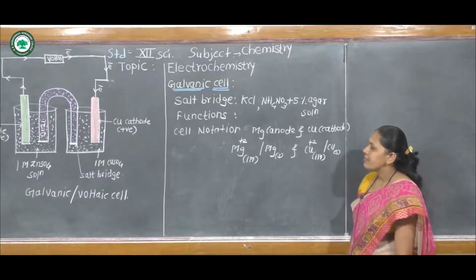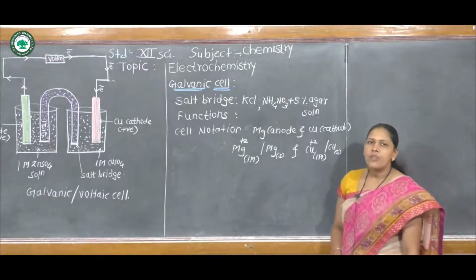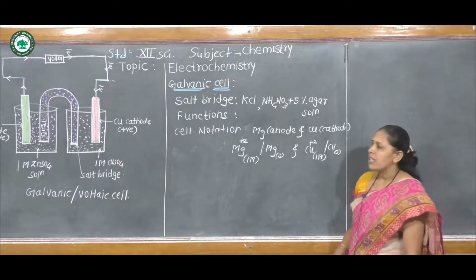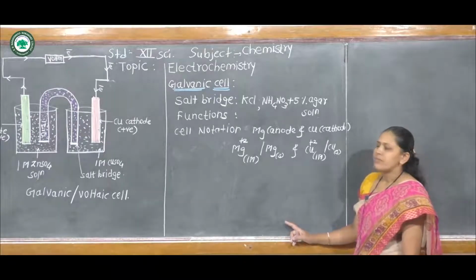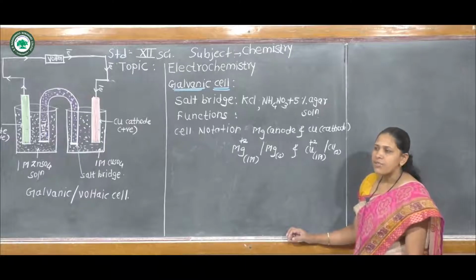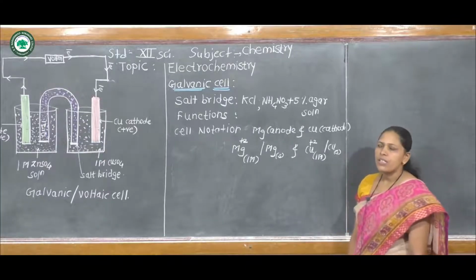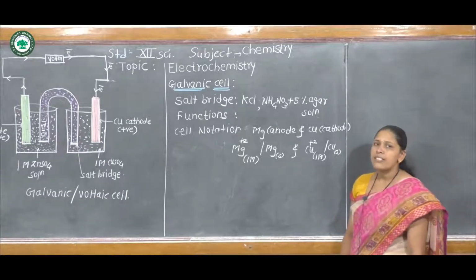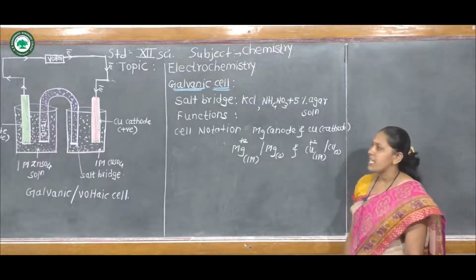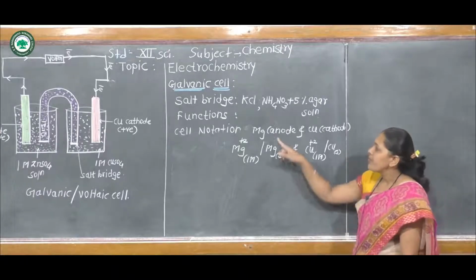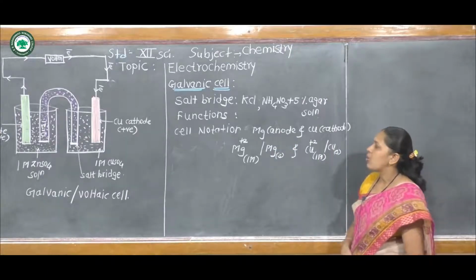We know that in cell notation, metal electrodes or inert electrodes are placed at the ends of the cell formula. Aqueous solutions of ions are placed in the middle of the cell formula. Then on the left hand side the anode is placed and on the right hand side the cathode is placed. In these two electrodes, magnesium acts as an anode and copper acts as a cathode.